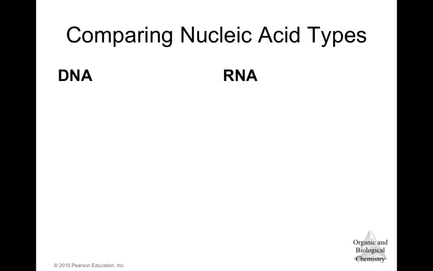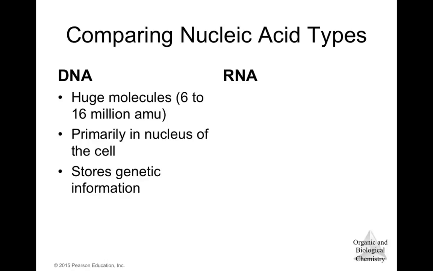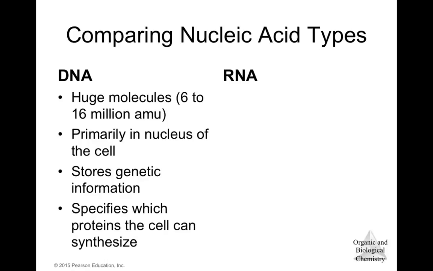The DNA basically is a huge molecule, 6 to 16 million amu. It is primarily found in the nucleus of the cell, and it is really important because it stores genetic information and also specifies which proteins the cells can synthesize. So the DNA is basically like the instruction book to create proteins in our body.